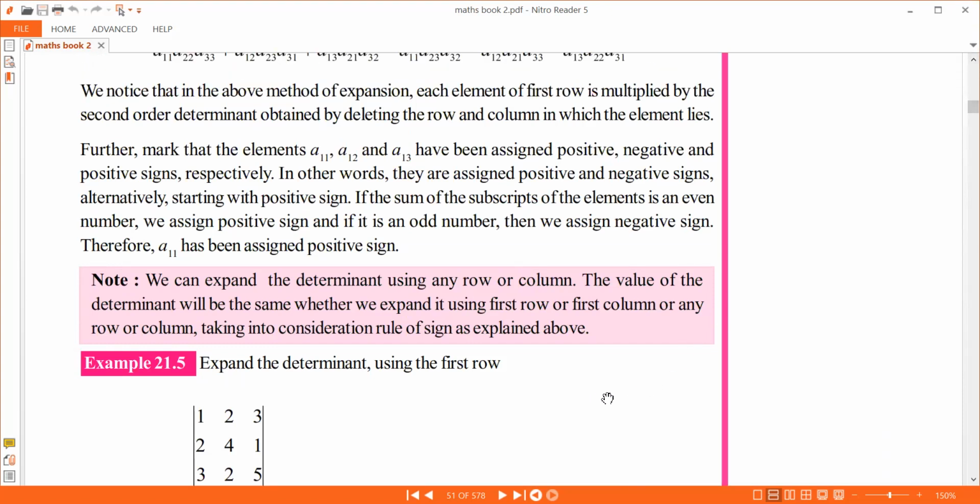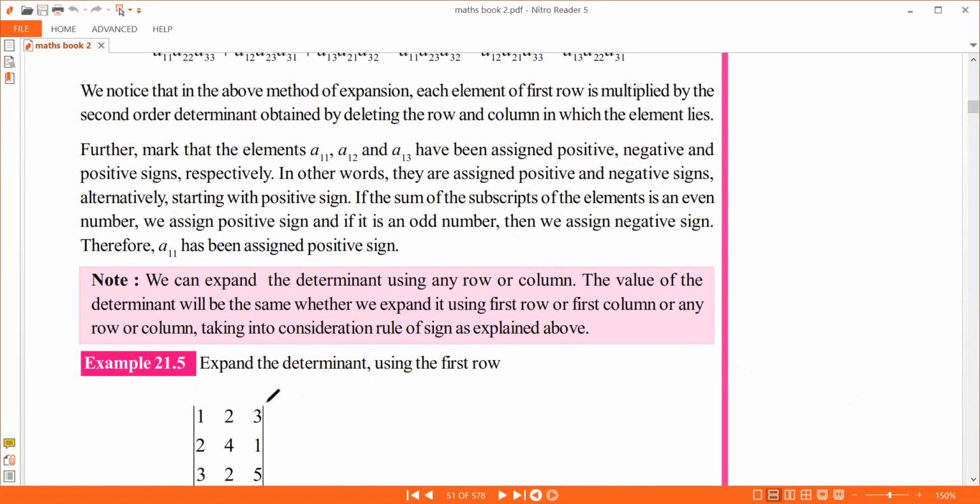Whatever algebra they ask, we can do it, if it is not abstract algebra. Abstract algebra means only theorems will be there. Numerical algebra, we can do that.